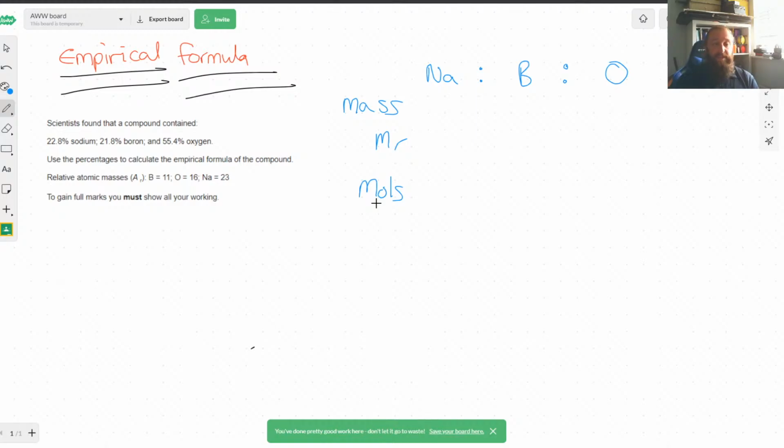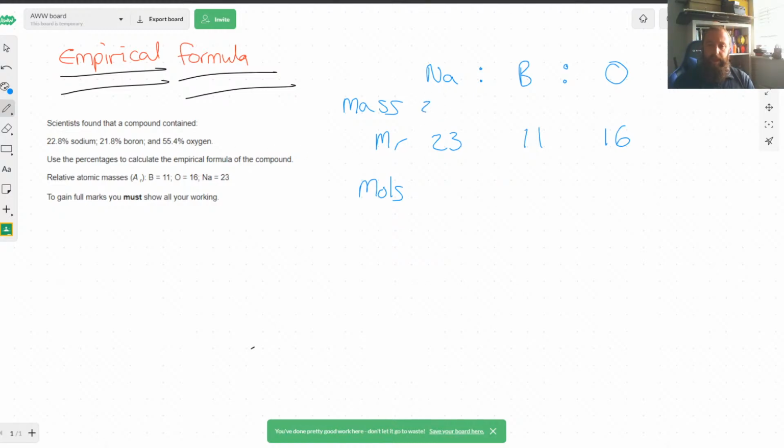Okay? So I haven't changed anything from what we were doing right at the start of the lesson when I went through and dropped that table in. So I'm going to go through and put the molecular masses. Sodium I know is 23. I think the question says boron is 11 and oxygen is 16. Now, if you can imagine, they've done this in percentages. But if I had 100 grams, that would be 22.8 grams of sodium, 21.8 grams of boron, and 55.4 grams of oxygen.